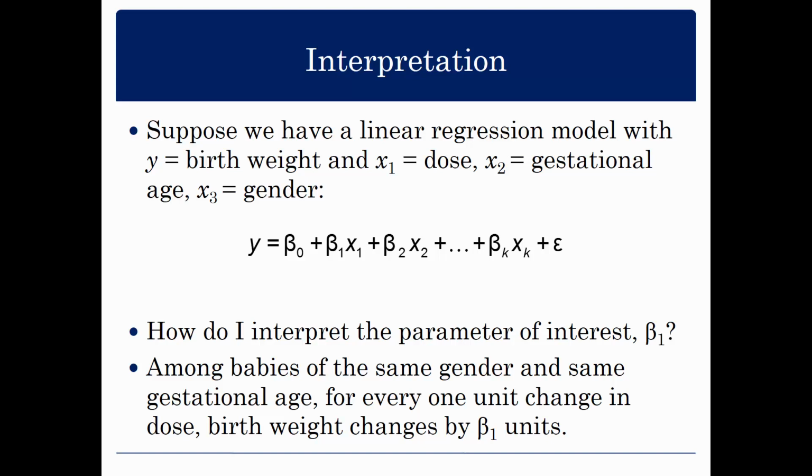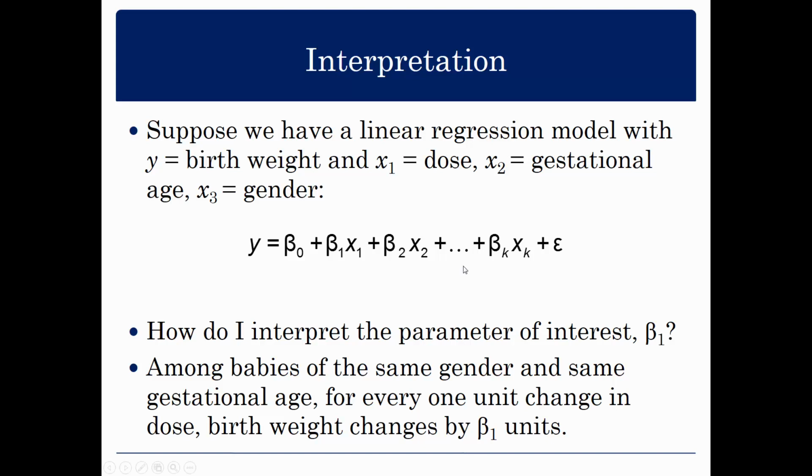The relationship between dose and birth weight, let's say it's very strong and positive for male babies, but it doesn't exist for female babies. What is that called? An interaction.